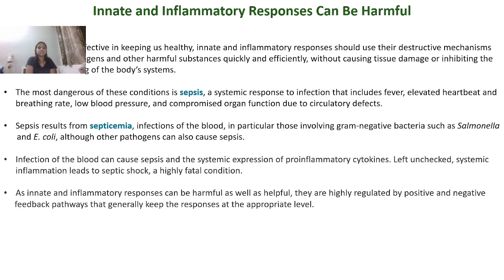So, as innate and inflammatory responses can be harmful as well as helpful, they are highly regulated by positive and negative feedback pathways that generally keep the responses at the appropriate level. As I told you, there are two kinds of receptors: activating receptors and inhibitory receptors. Whenever there is a need for activation of our immune system, the activating receptors will be activated and produce signals that start the signaling process.